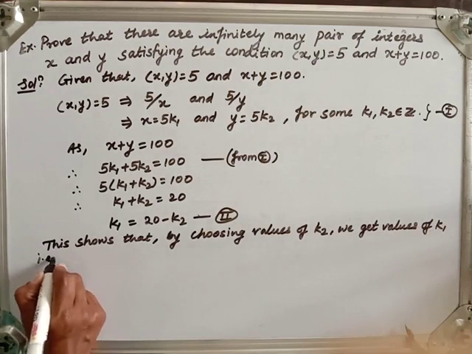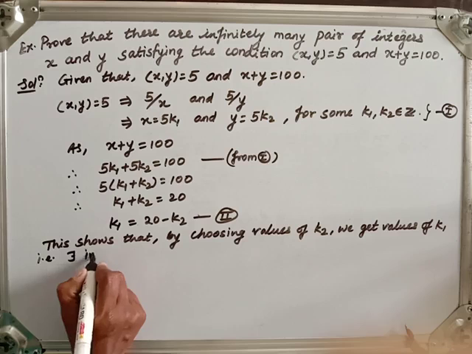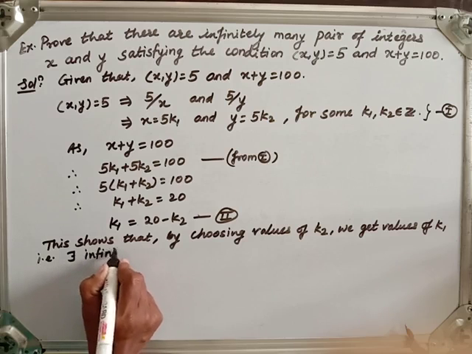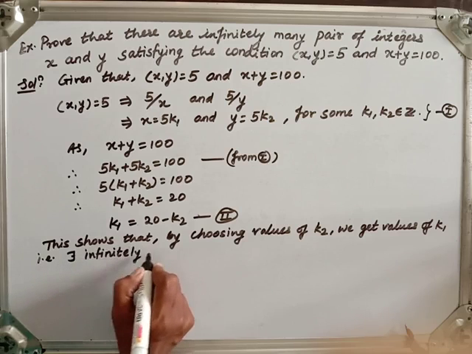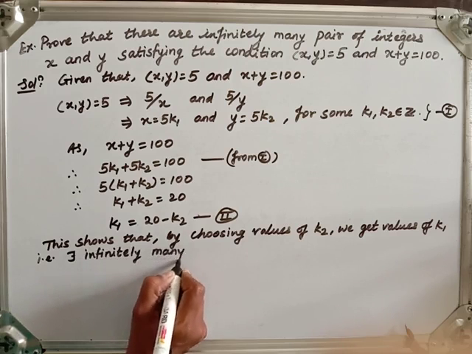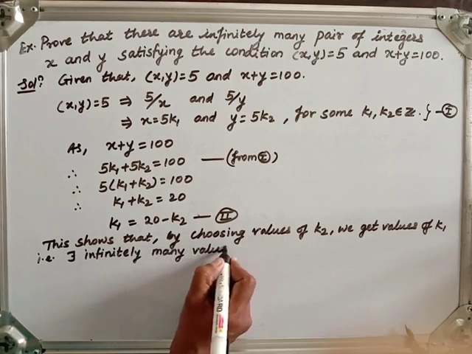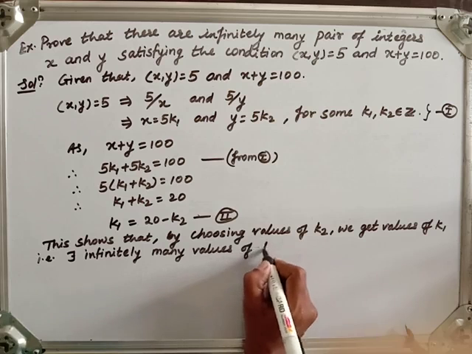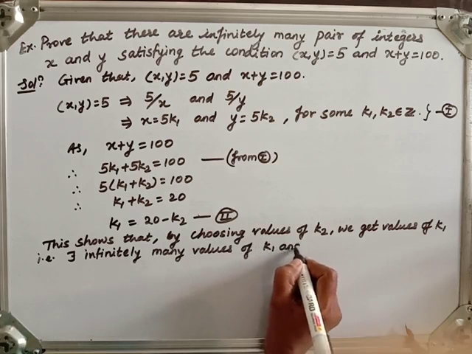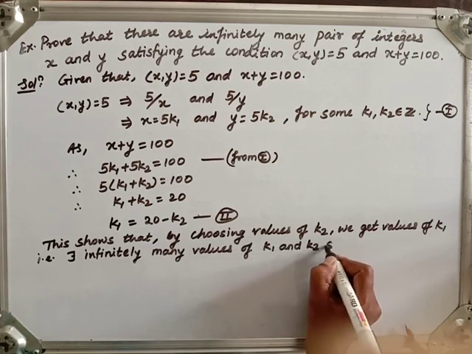That is, there exist infinitely many values of k1, k2 satisfying equation 2.